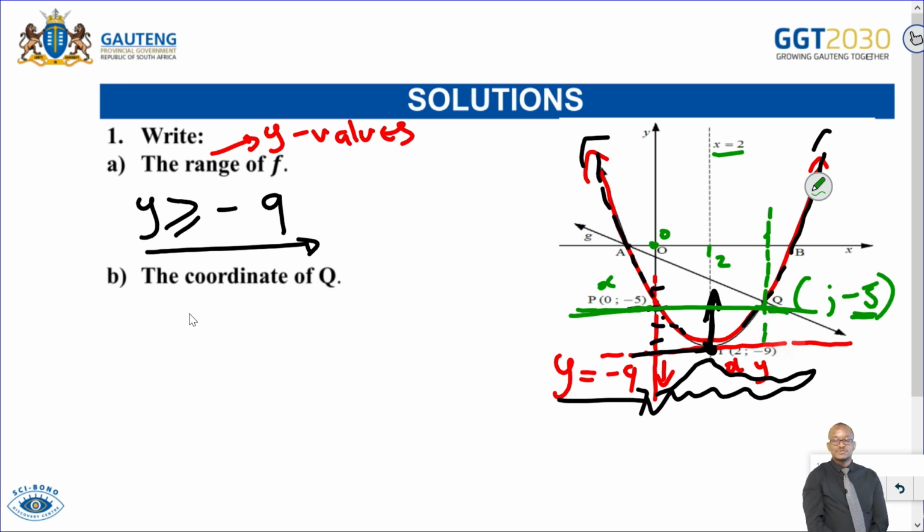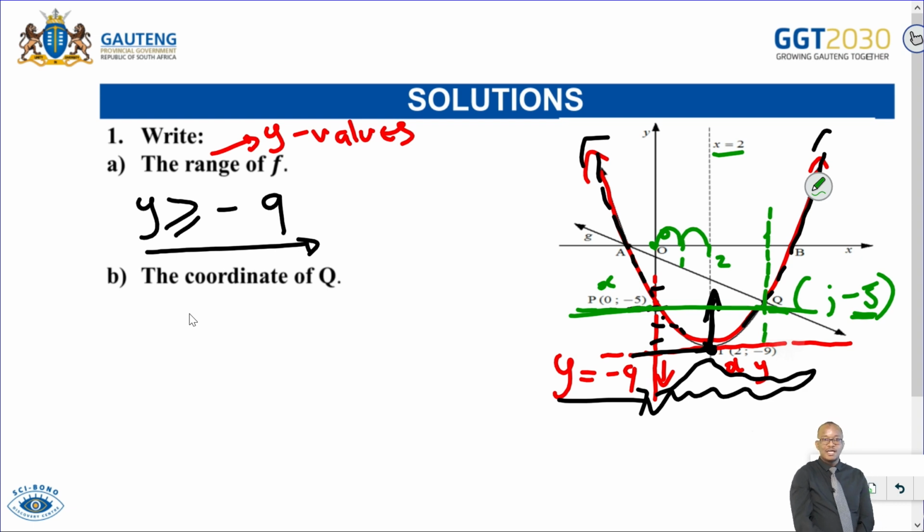We can count that from 0 to 2, we have 2 units. Then when we move, we say 1, 2. Correct. So now, if we move 2 units to the left for us to get the x value of P, we also need to move 2 units to the right for us to get the x value of Q.